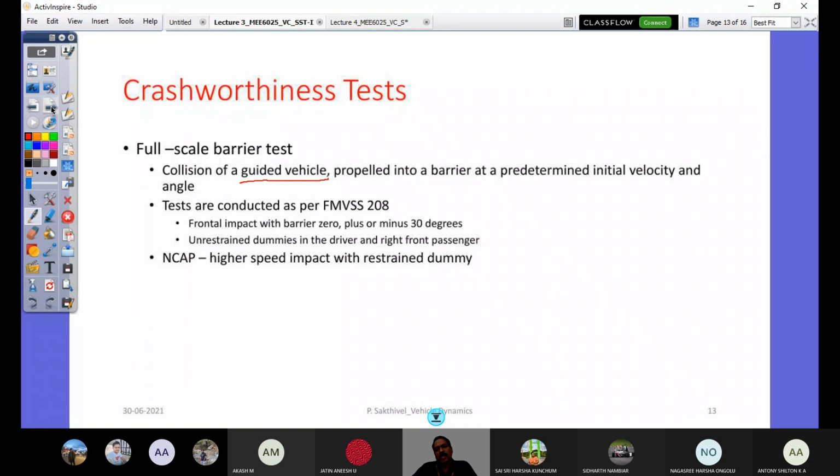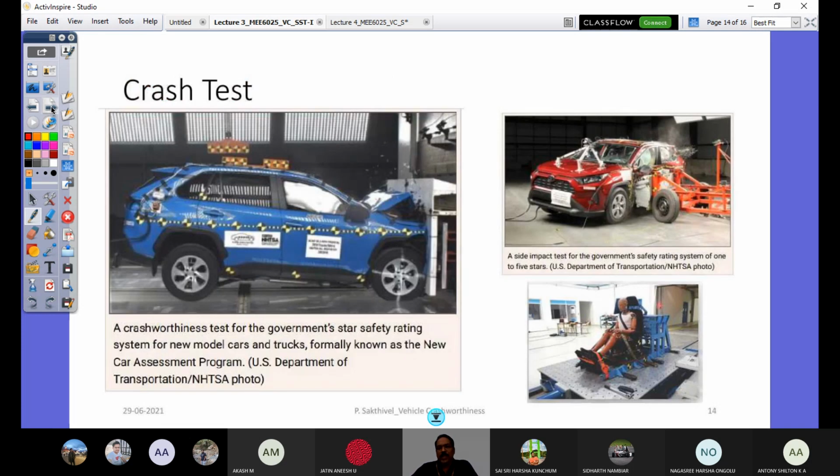These are the test authorities and test programs we are going to use to educate ourselves to understand the full-scale barrier test today. And of course, these pictures are given to look at and admire, wondering how these tests are conducted, with such wonderful laboratory facilities, as we have seen.